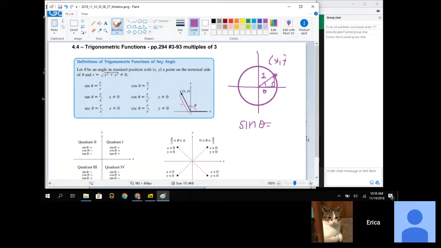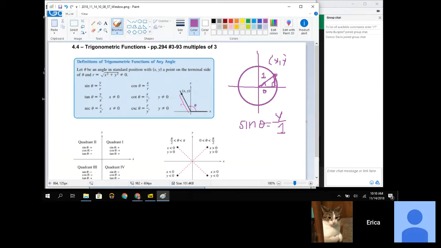Well, the opposite side is y, and the hypotenuse is 1 because we had a unit circle, so the radius is 1. So basically the sine of theta was the y component.